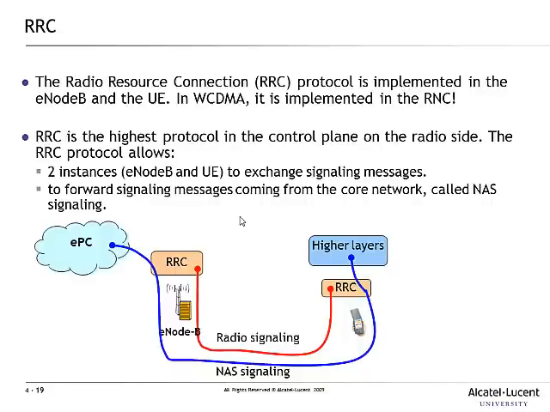Apart from that, it also allows other signaling messages from the higher layers, such as the non-access strata messages, which we just talked about, to be exchanged between the UE and the packet core network through the RRC layer. Okay, so here it just forwards a message. It doesn't process anything. It just forwards a message to the appropriate network element.